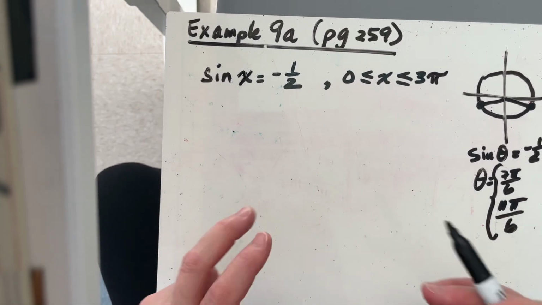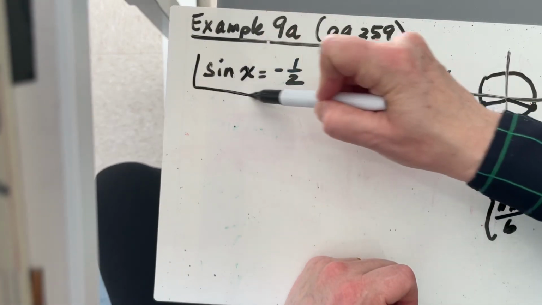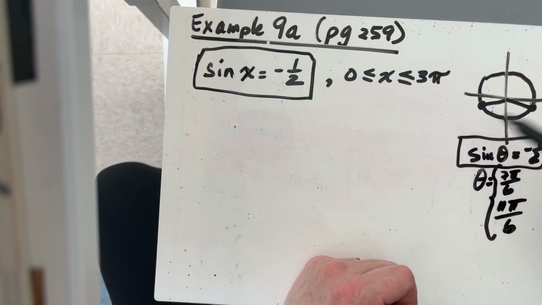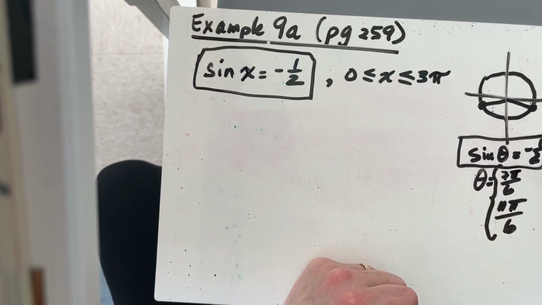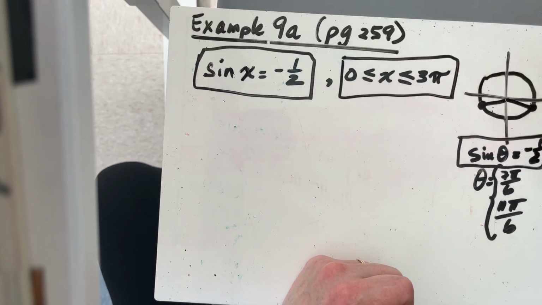Okay, so for this simple question, this initial equation is almost exactly like what we're thinking about for the unit circle because x is just in the place of theta. So in this case, we can just think about that unit circle within this restricted domain. We can see that first place would be 7 pi over 6.